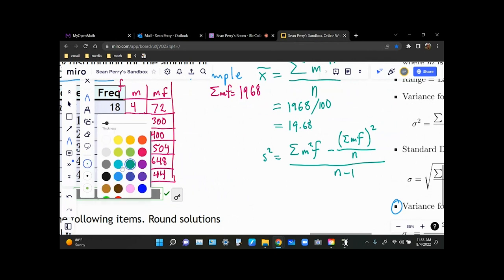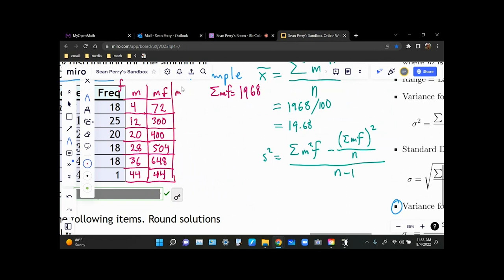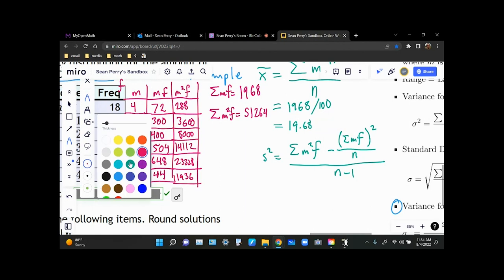If I were doing this by hand, I would absolutely go back and create an m squared f column. For example, 4 squared is 16 times 18 is 288, and so on. Then we could take the sum of that column, get 51,264. After you calculate these things, you can input these directly into the formula.